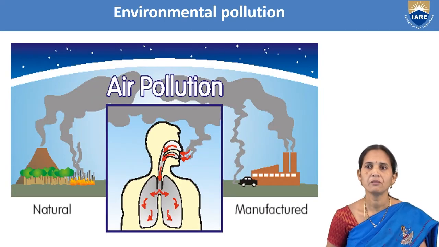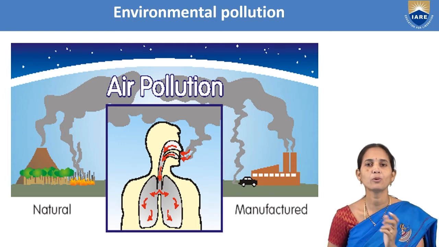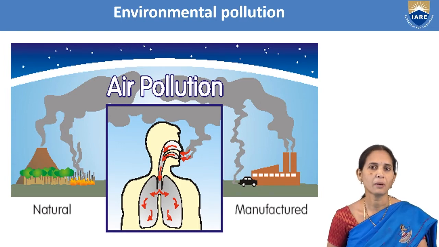So here we can see in this diagram, the human being is affected by naturally occurring air pollution, that is from natural pollutants, and also from manufactured sources, meaning industries, where some gases evolving from industries react in the presence of air and lead to secondary pollutants. So the human being is affected both by natural and by manufactured pollution.